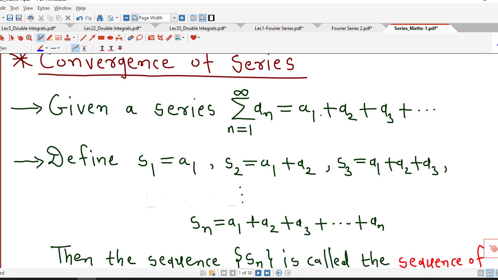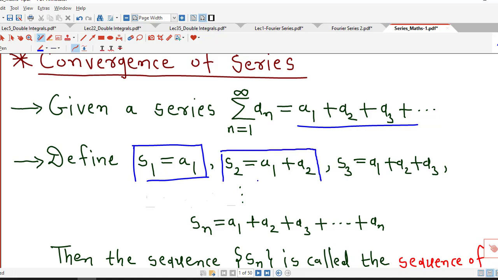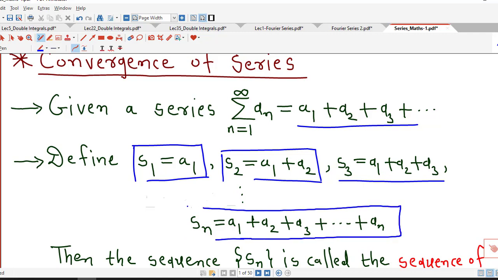Suppose we are given a series sigma a_n. We define a sequence of partial sums whose first term is the first term of this series, second term is the sum of first two terms, third term is the sum of first three terms, and nth term is the sum of first n terms.